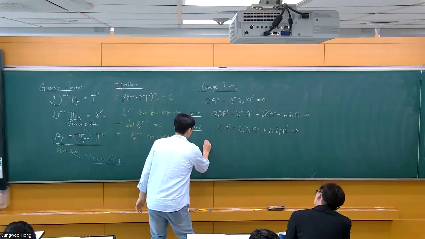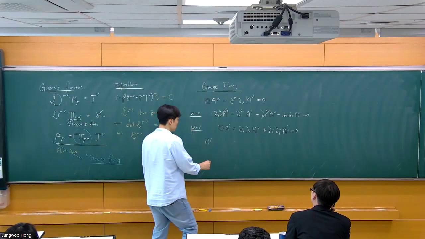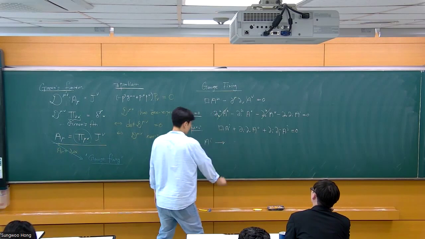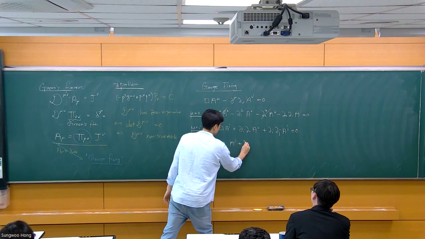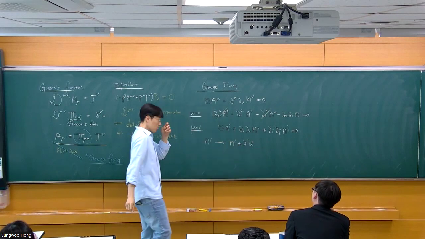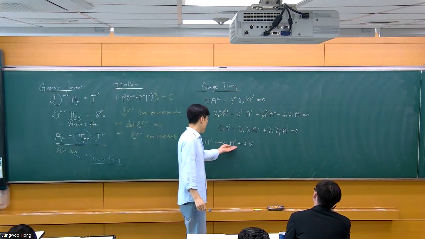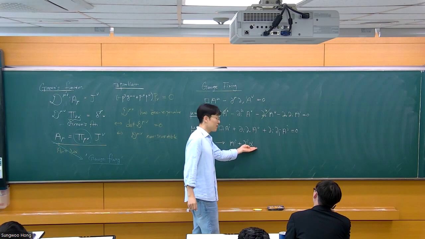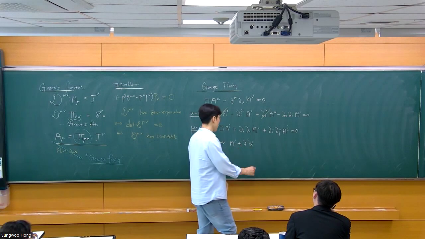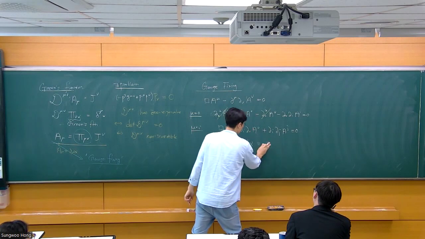So first of all, Ai, the spatial component, which eventually will include a physical propagating degree of freedom, will transform under the gauge transformation as this. So which means that for an arbitrary function Ai, I can choose the alpha parameter such that the transformed version, so let me call that, oh, sorry.